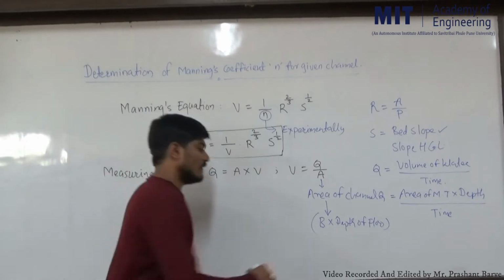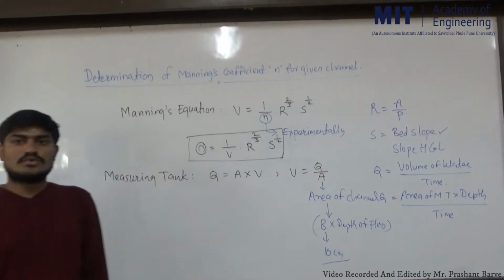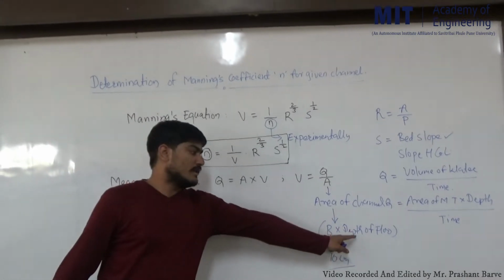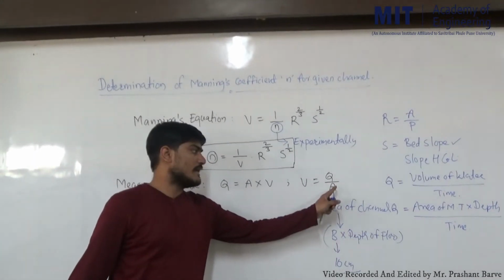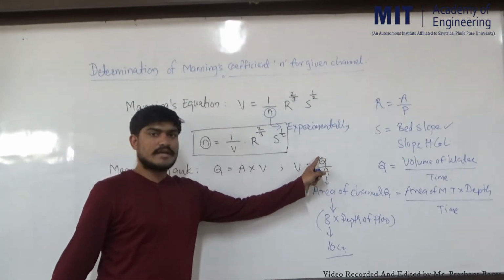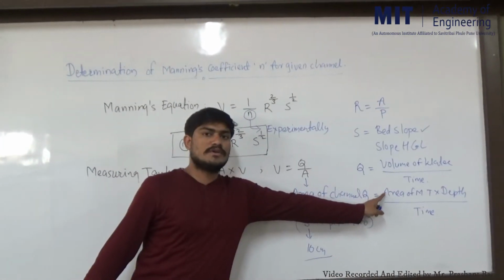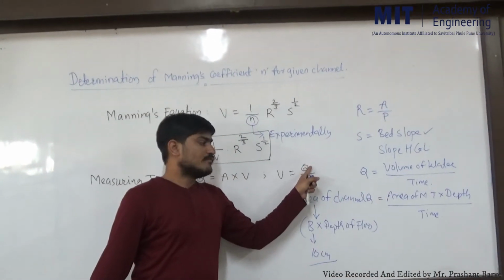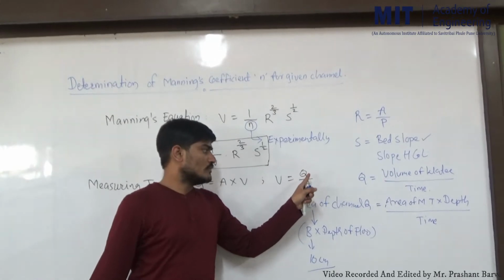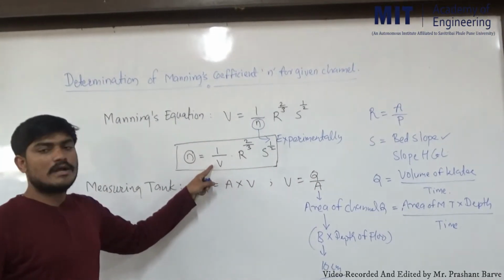For our case, the width of the channel is 10 centimeter. We know this value, so if we multiply 10 centimeter by the depth of flow, we can determine the area of the channel. Once we determine the actual discharge with the help of the measuring tank, by following this equation, we can determine the value of Q. Then Q divided by area will give me the value of V. So V we can calculate.